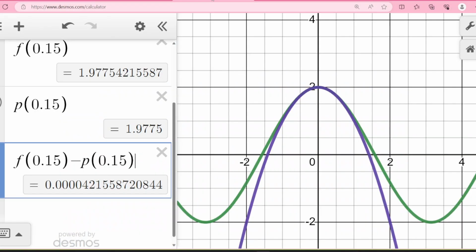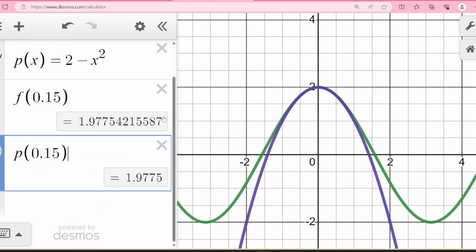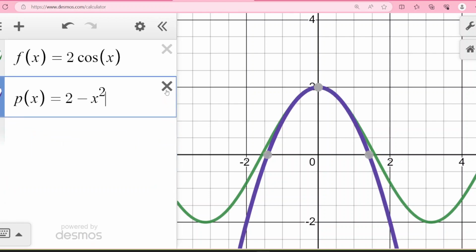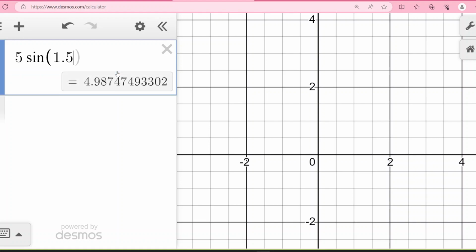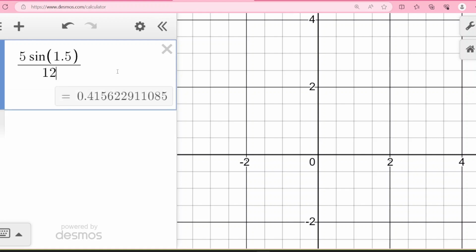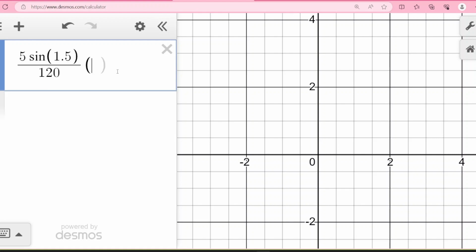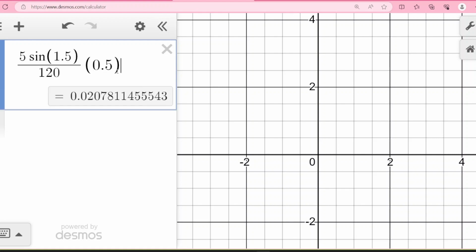Back to Desmos. These are from our earlier problem. So we have 5 times the sine of 1.5 divided by 5 factorial, 120, times 0.5 to the fifth. That is not less than 1/10,000.